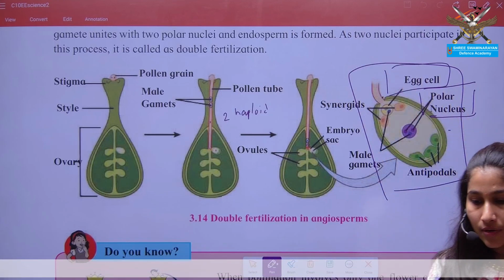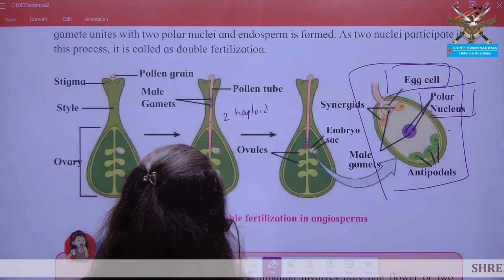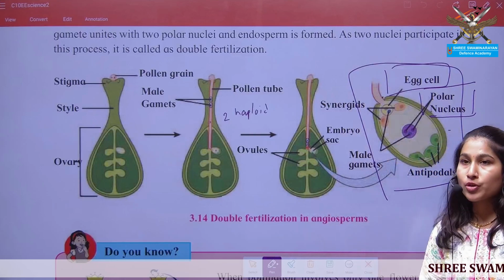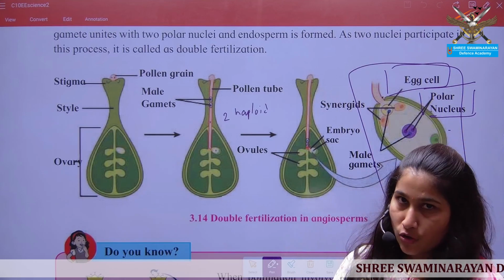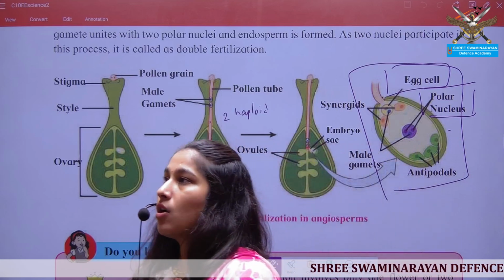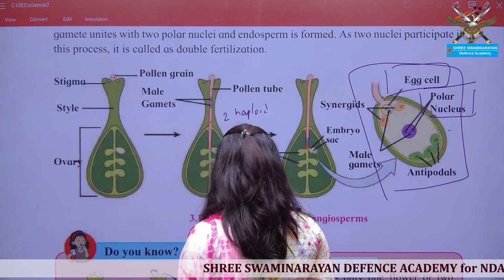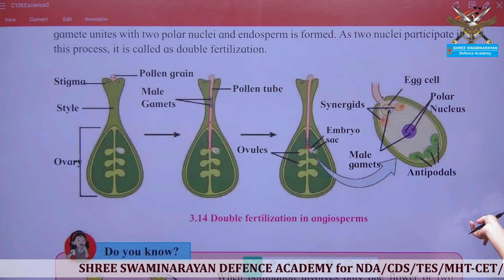So the one which is going to fertilize the egg cell is going to give rise to the zygote, and the one male nucleus which is going to fertilize the polar nucleus is going to give rise to endosperm. Now the question arises, what is endosperm? So endosperm is a nutritive material which is going to support the development of the zygote.